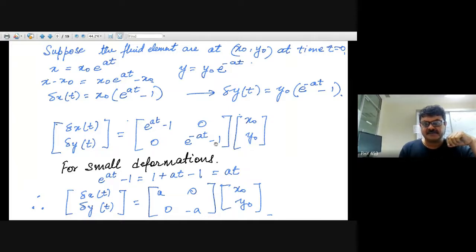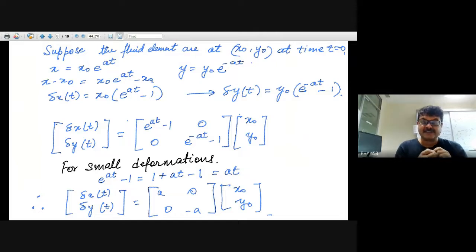And then these matrices, these are the diagonal terms, right? And for small deformations, of course, you would get e to the power At minus 1, you'll get just At for small t, where you can ignore the higher order terms of the exponential, right?